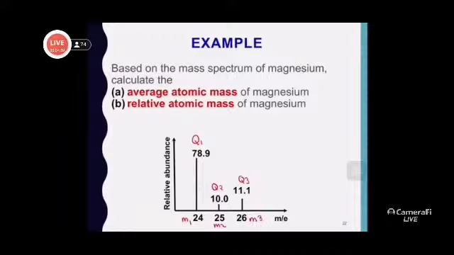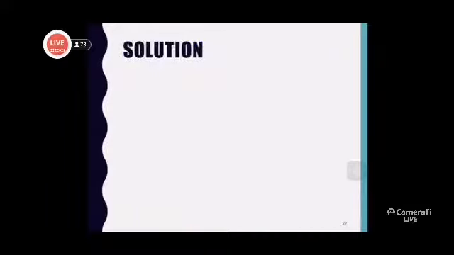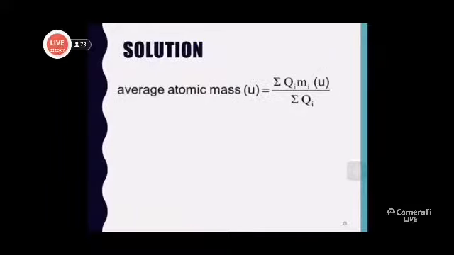Okay, now we just have to insert all these values into the formula. This symbol means total: total abundance multiplied with the mass over the total abundance. So average atomic mass is equal to 78.9, which is the abundance, times the mass of the isotope.